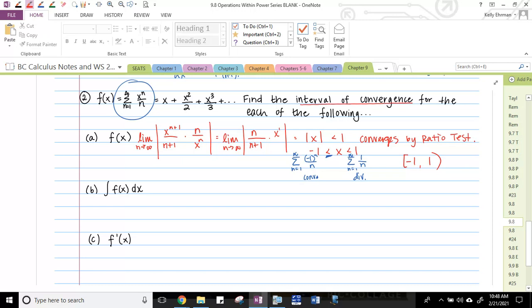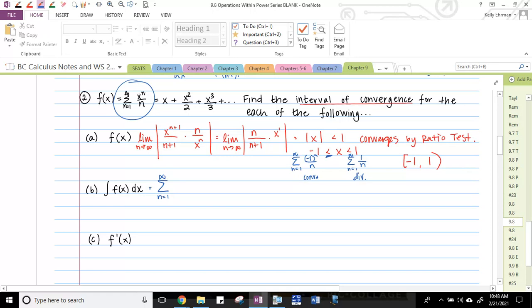Now, what if I want to take the integral of f of x dx? All right, so how do I do that? I can think about the terms, but I don't really want to have to write out a bunch of terms, so I want to work with just the series. Let's come up with the power series for that. We're going from 1 to infinity. And this is a power rule thing, right?